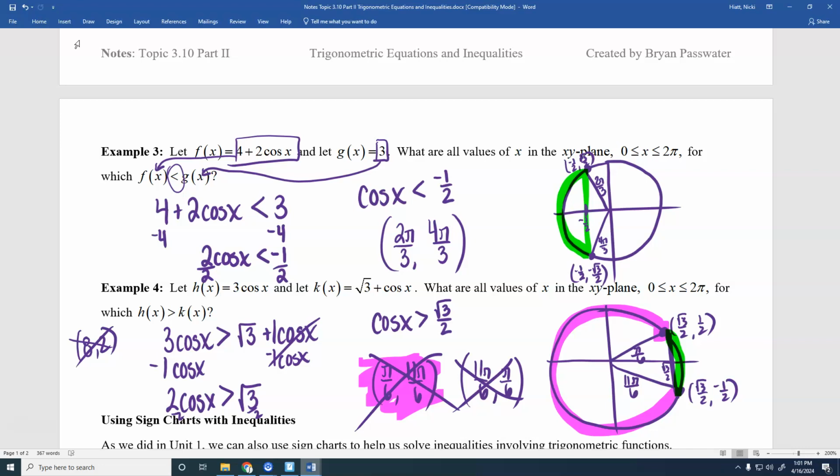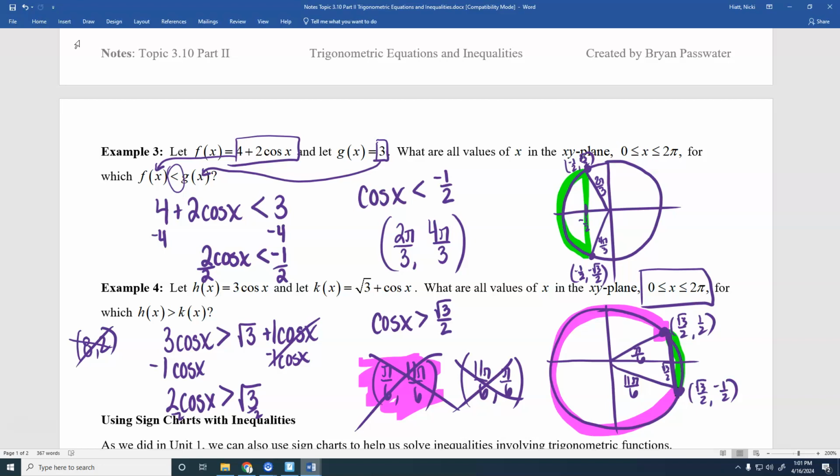Negative pi over 6 to pi over 6 would be okay under certain circumstances, but what did they tell us we have to look at? 0 to 2 pi. So we can't use negative values, but negative pi over 6 to pi over 6 would give us the right part of the unit circle, and if they had not restricted us to 0 to 2 pi, that would be okay.